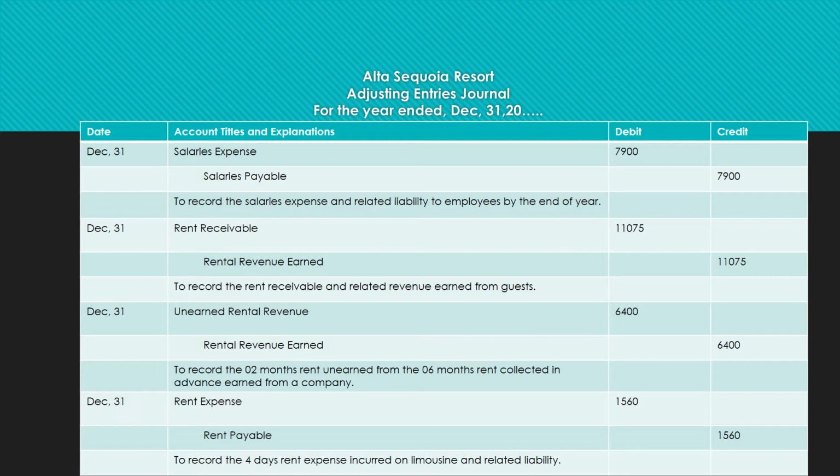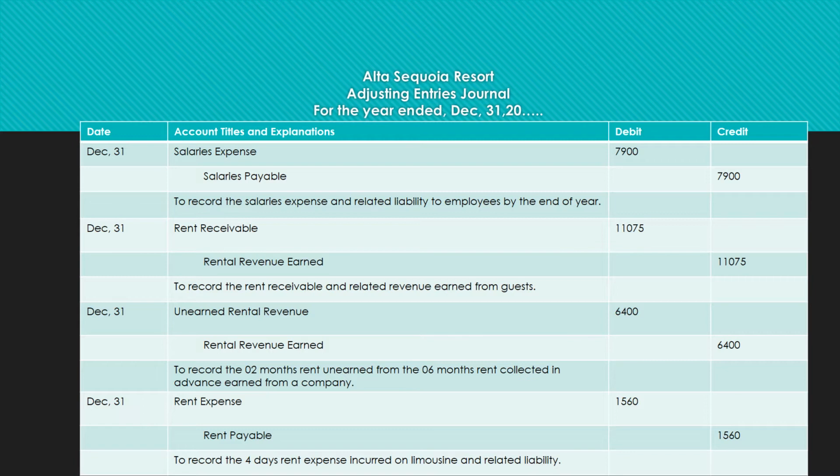Why is it an unrecorded revenue adjusting entry? Because the company has earned revenue, but the amount of that revenue is not collected from the customers. So although the amount is not collected, they have to show that revenue in the books of accounts. So if the amount is not collected, we will show that revenue receivable from the customers.